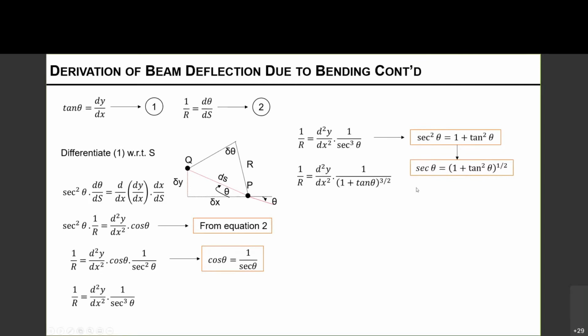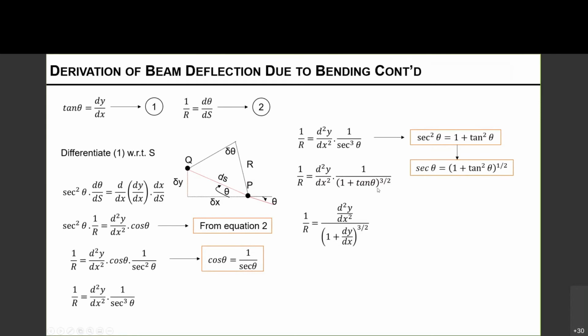So if I do that, 1 over r, these are going to be the same, d squared y over dx squared will be the same, and 1 over sec to the power 3 becomes this. How is it becoming like this? Because I have sec theta to the power 3. Sec theta is 1 plus tan squared theta to the power half. So if we raise it to the power 3, that means this is 3 over 2. So that's how this 3 over 2 is coming in.